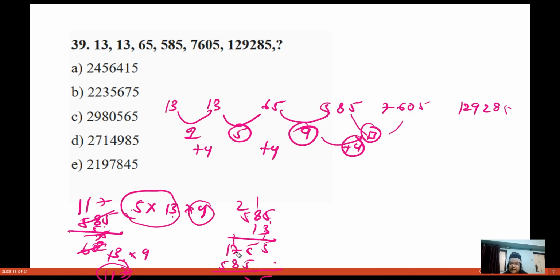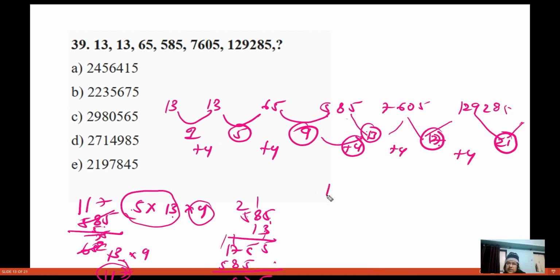So I think we are getting this as well. This is 7605. So now this is plus 4, so that means this is getting multiplied by 17. And if this is getting multiplied by 17, then this is getting multiplied by 21, because plus 4, plus 4.